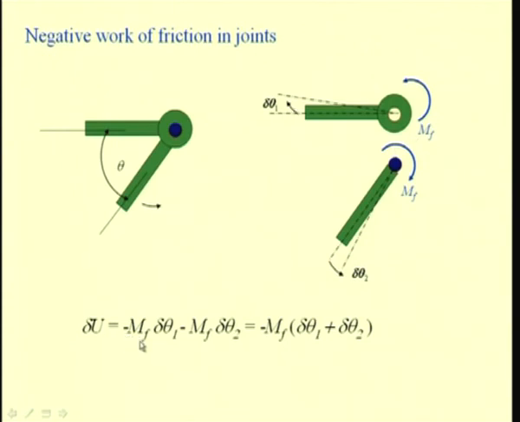We have minus Mf delta theta 1 minus Mf, the frictional moment, times delta theta 2, which is equal to minus Mf times (delta theta 1 plus delta theta 2), which is the total virtual displacement that we are taking for the particular joint. So, this has to be accounted for in the systems when we analyze real systems, when we consider friction to exist in the connections between the various links.